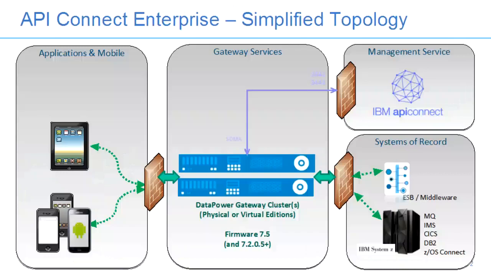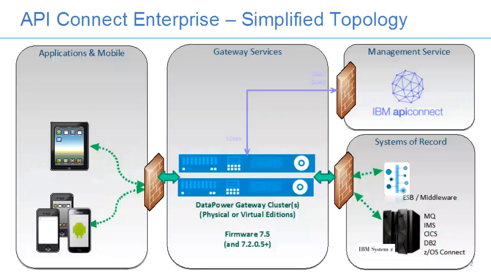We have a typical three-tiered diagram here with, on the left-hand side, your applications and mobile entities, assets in systems of record on your third tier, through a set of gateway services in the middle tier. There's really nothing different from a topology view than what API Management was before.